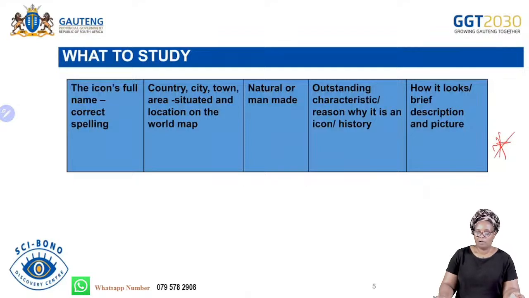The third one, you need to know whether this icon is natural or man-made. You have done this in grade 10, the difference between natural and man-made. If they are natural, it means no one has interfered with them. No human being has interfered with them.